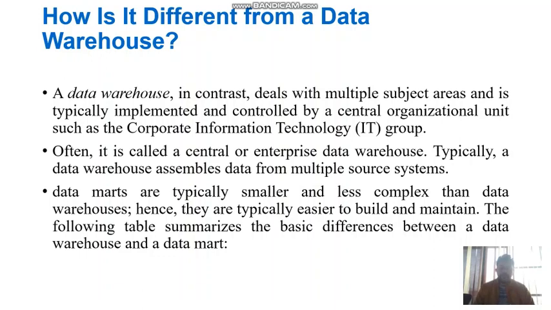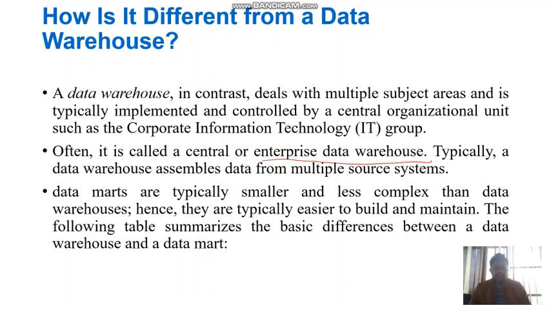It is typically implemented and controlled by a central organizational unit, for example, the corporate information technology IT group, or a complete university, or a complete IT firm. So it is often called a central or enterprise data warehouse.